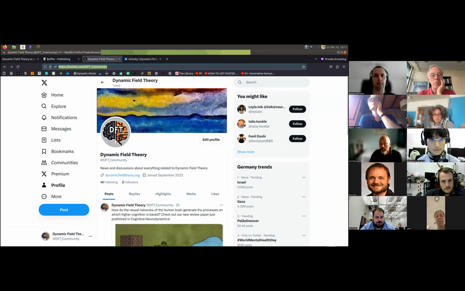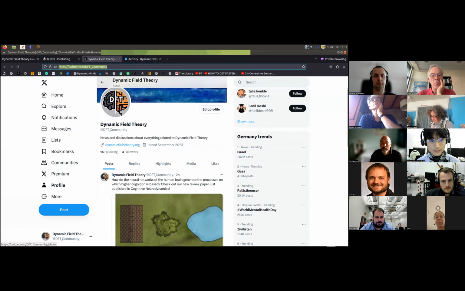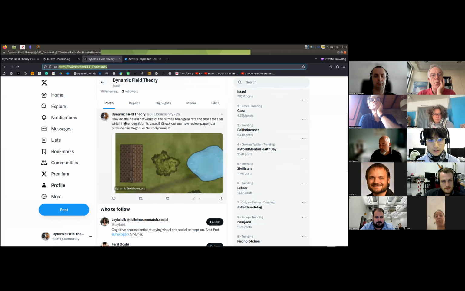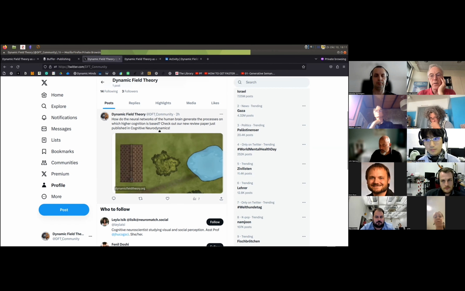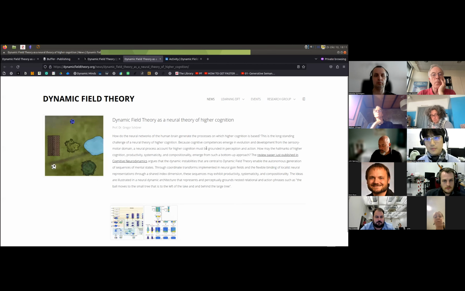If you go to the account of dynamic field theory, you can see a shorter text of the news item that is on the dynamic field theory org, and then we link back to the news item. This shorter text you wrote in the aggregator? Yes, it's just a shorter version of what you wrote. I see. Okay. And if you click on that, you will be linked back to the dynamic field theory news item.